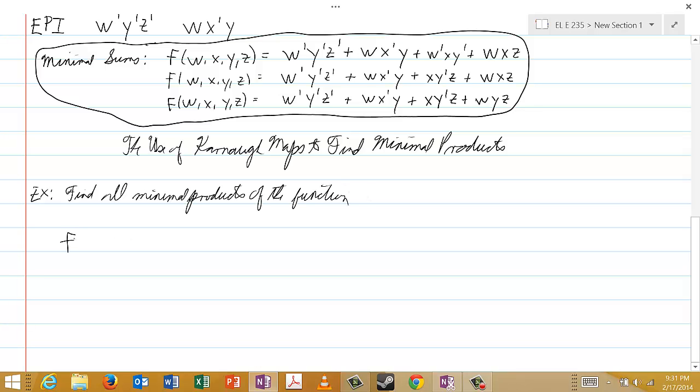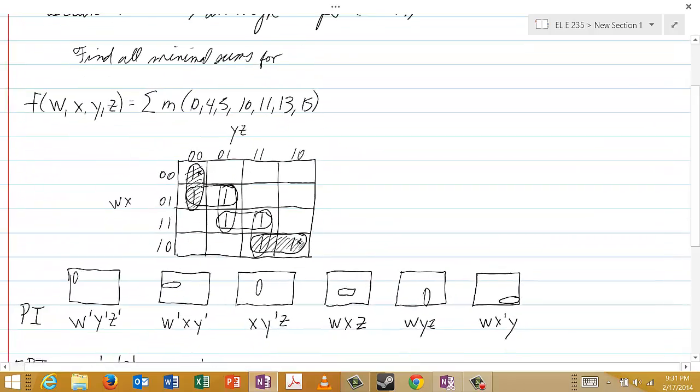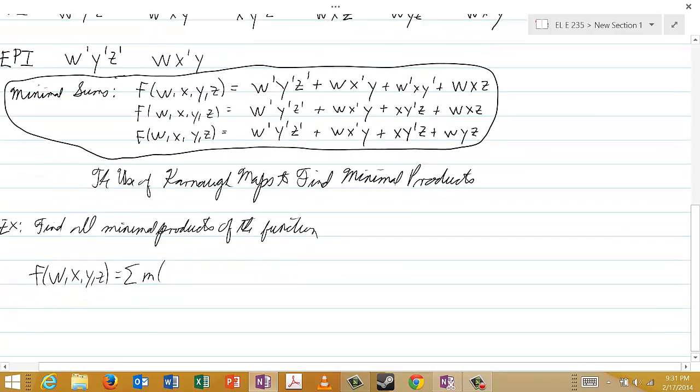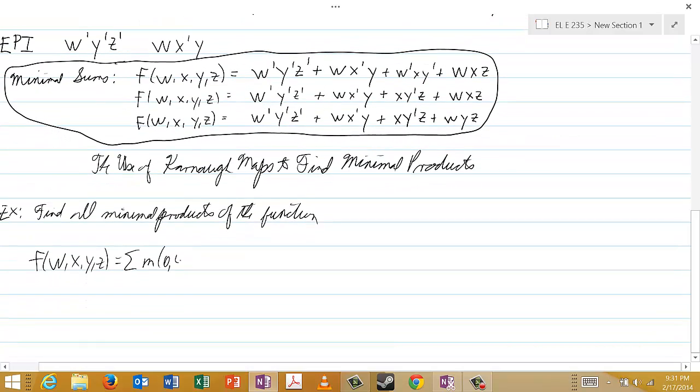f of w, x, y, z equals the sum of the minterms 0, 4, 5, 10, 11, 13, and 15.